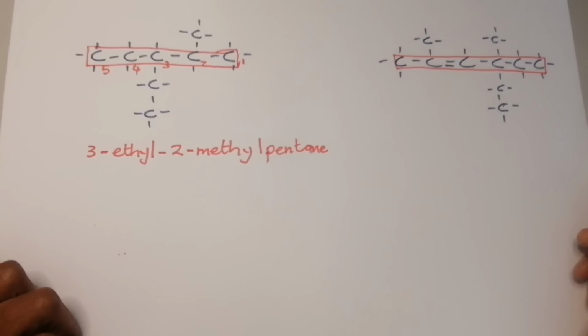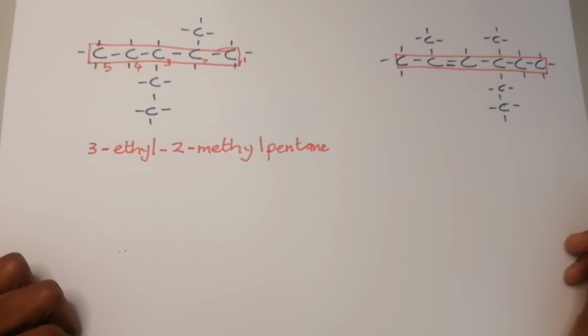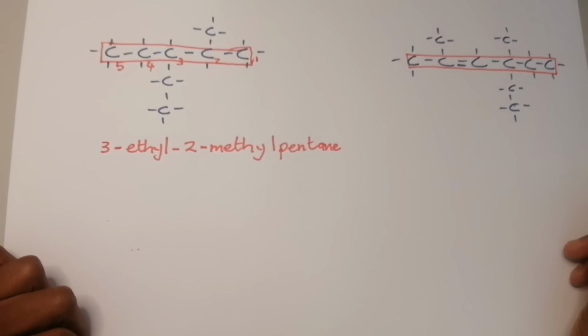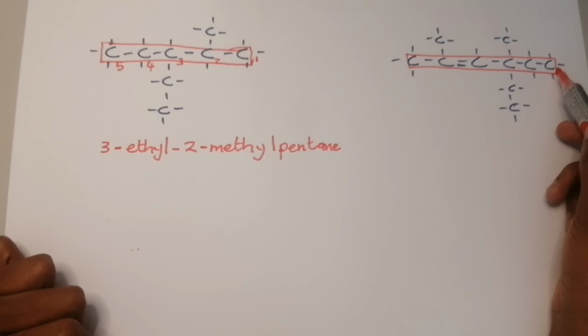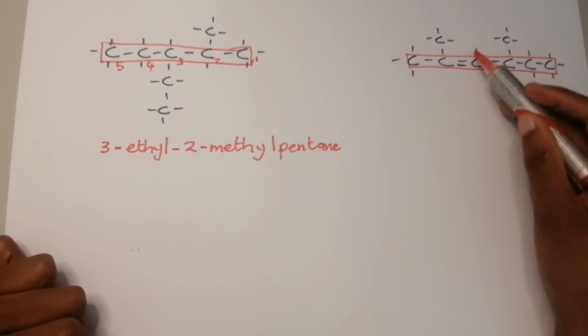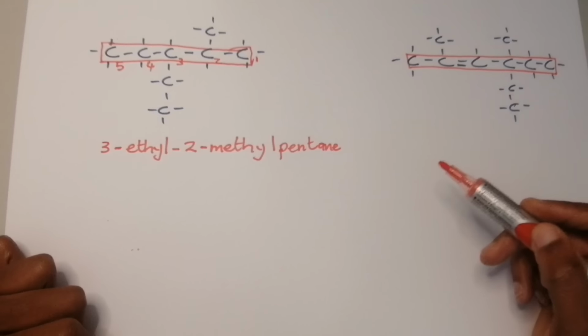Okay, right. So where do I start numbering from? I'm sure you've noticed by now we definitely need to number. Notice if I start from that side, 1, 2, 3. But remember what takes priority? We said the double bond takes priority.